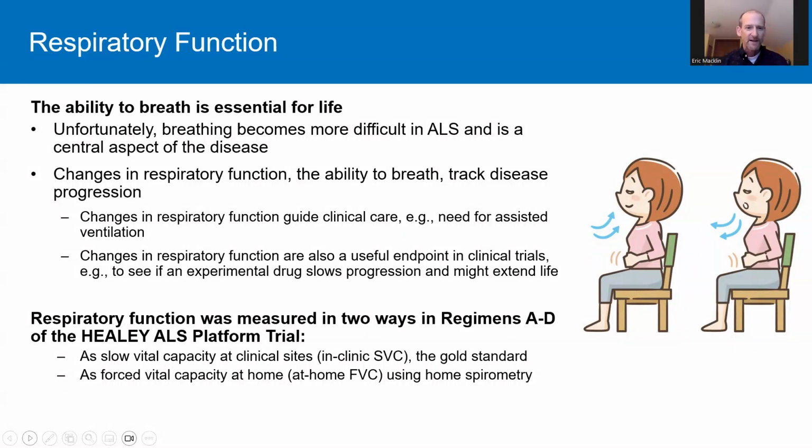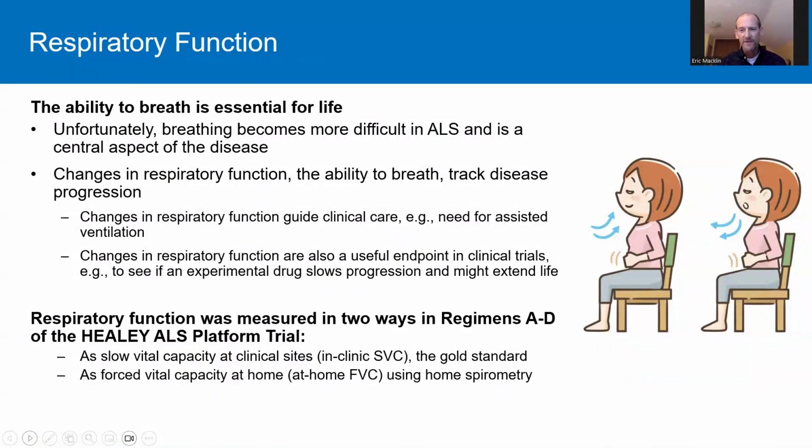And we care about that because we want to know how we can best manage care for patients. And we also care because it might give us insights into which experimental treatments in trials are effective in slowing progression.